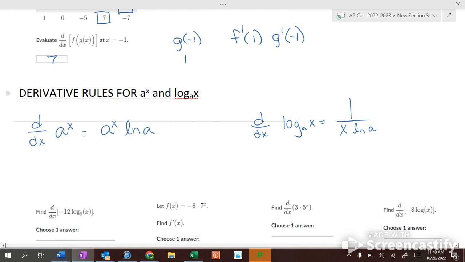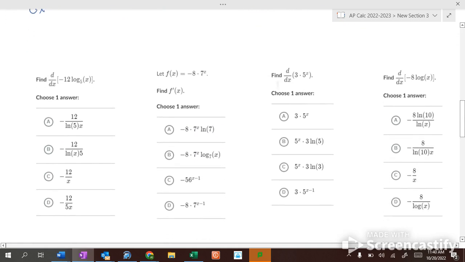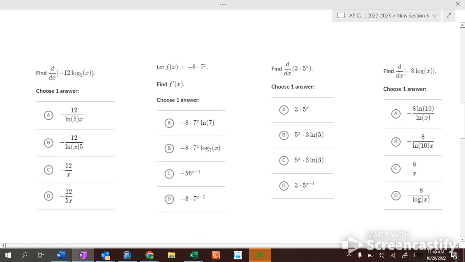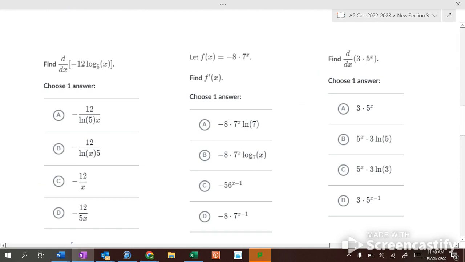So when it comes to this section, the problems can be really easy if you recognize patterns easily. If you're somebody who can recognize patterns quickly, this assignment should not take very long. Okay, so if it's negative 12 log base 5 of x, the negative 12 is out front.